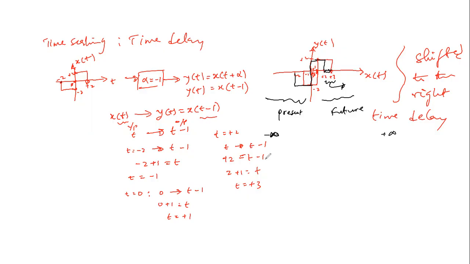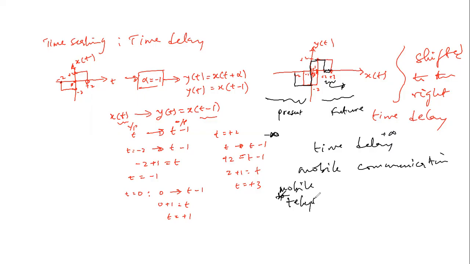And you see that in practical systems, what we experience is time delay. Take, for instance, mobile communication. Once your signal is transmitted, either through your mobile device or through your telephone device, it takes some time to go through the entire network process and then rings at the other end.